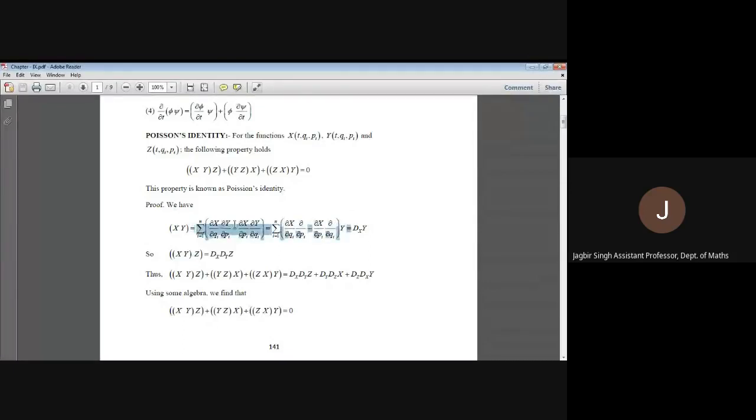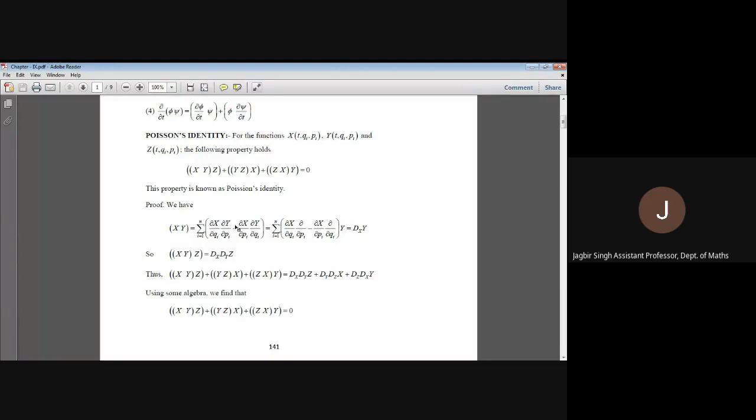So the Poisson bracket of the first function with respect to qi means ∂/∂qi of the summation, i from 1 to n, of ∂x/∂qi ∂y/∂pi minus ∂x/∂pi ∂y/∂qi, into ∂z/∂pi, and then minus ∂/∂pi of this quantity into ∂z/∂qi.